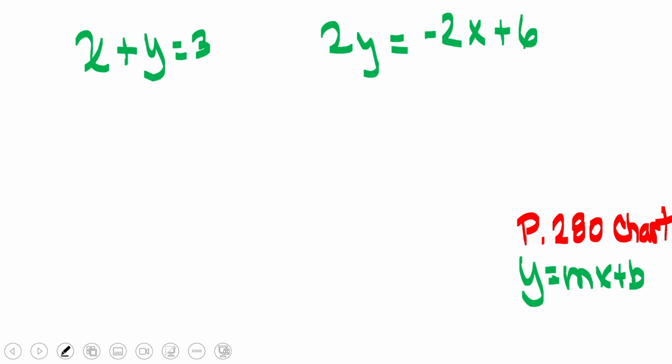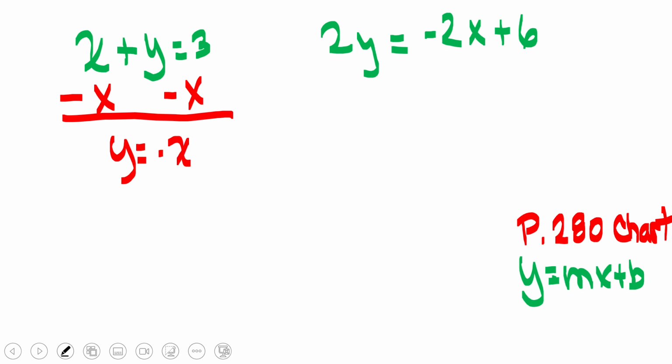So, okay, x plus y equals 3. We're moving it into y equals mx plus b form. Subtract x from both sides. That's y equals negative x plus 3. That means our slope is a negative 1, because invisible math right here.